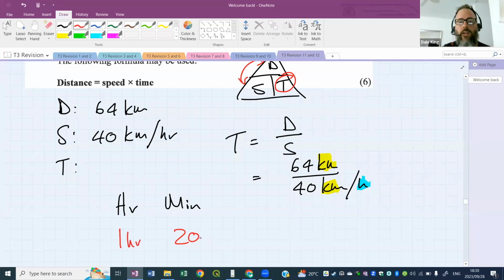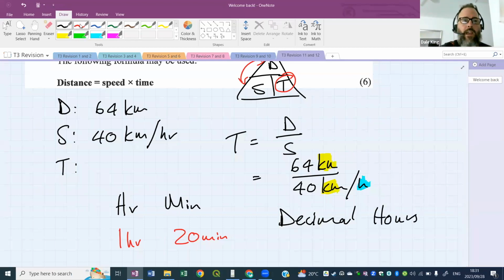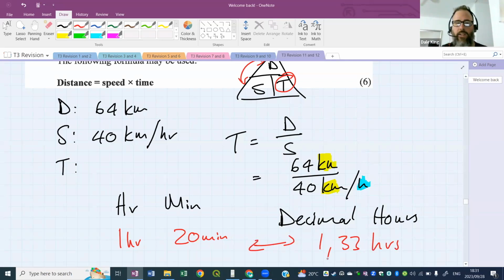That's hours and minutes. All right, then you get decimal hours. And that will be in the format 1,33 hours, it's a third, so it's 3, 3. These two things are the same. One is hours and minutes, and one is in decimal hours.